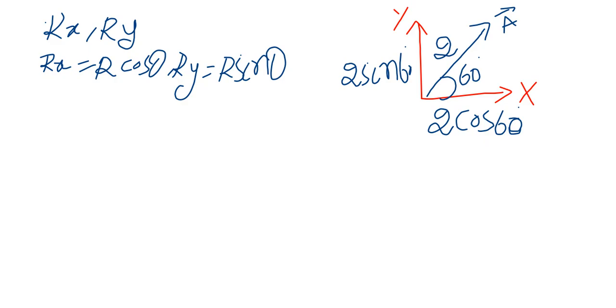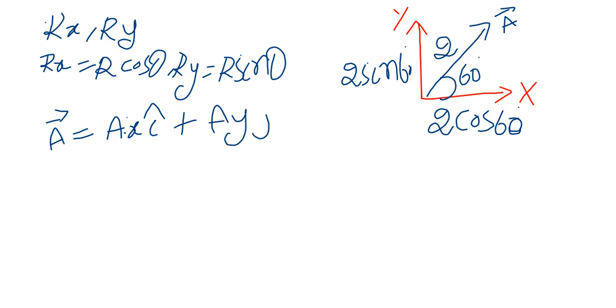So now the vector a bar is Ax i cap plus Ay j cap.